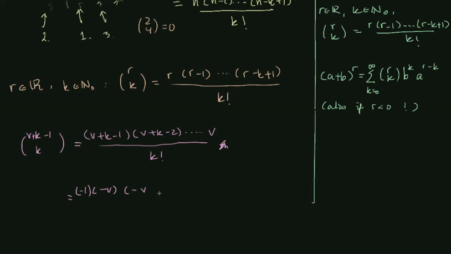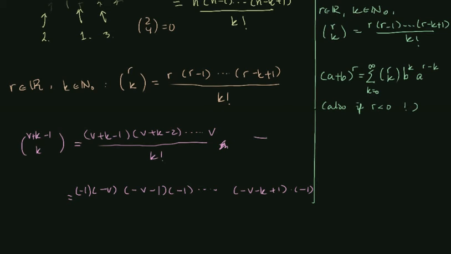We have to count downwards. Yeah, we still have to count downwards. So it's minus v, minus v minus 1, and we'll also have to multiply this by minus 1, and so on until we reach the last one, which is minus v minus k plus 1 multiplied by minus 1. So it's this backwards way of counting.